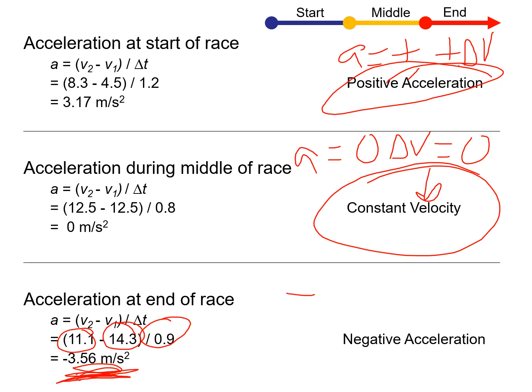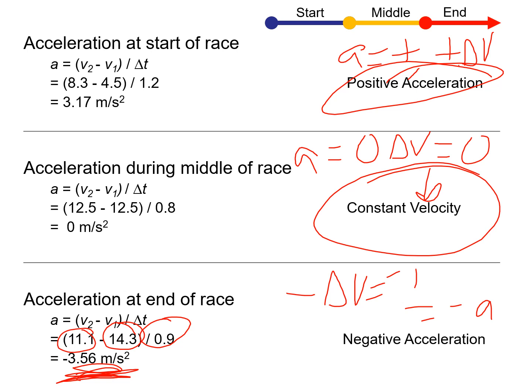So a negative change in velocity equals negative here, so we have a negative acceleration. Sometimes you'll see this say that there is a deceleration. We could just say negative acceleration. So our acceleration, we can have positive, negative, or 0.